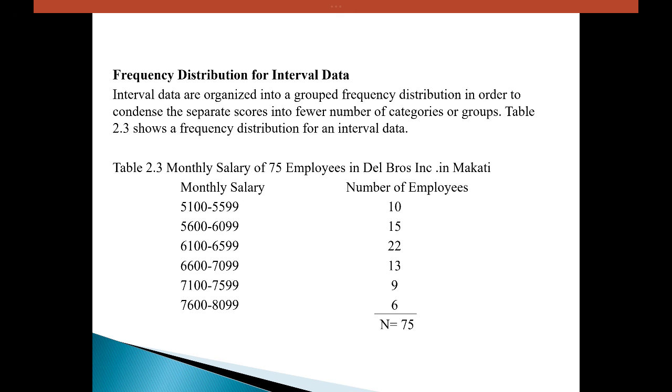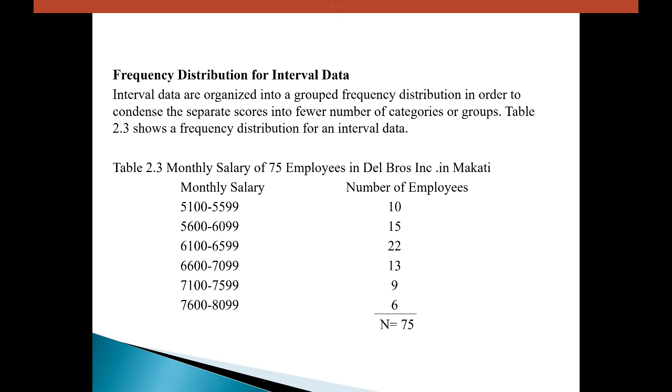Okay, so how do you determine your class size? You can subtract the upper and lower limit in a class interval. So you can subtract 5,599 minus 5,100, and that will actually give you 500. Or second method, you can subtract 5,599 from 6,099, or you can subtract two upper limits.